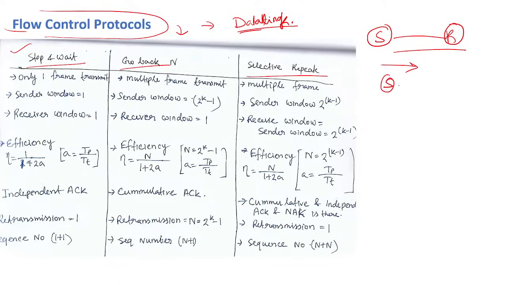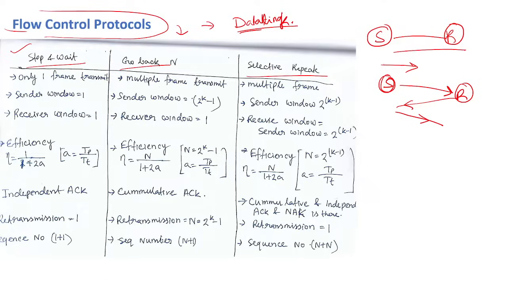First sender will send the packet to the receiver. After that, if receiver gets it, then it will send the acknowledgement. After getting the acknowledgement, only then sender will send the next packet. Otherwise, it will not send the packet. That is called the stop and wait protocol.